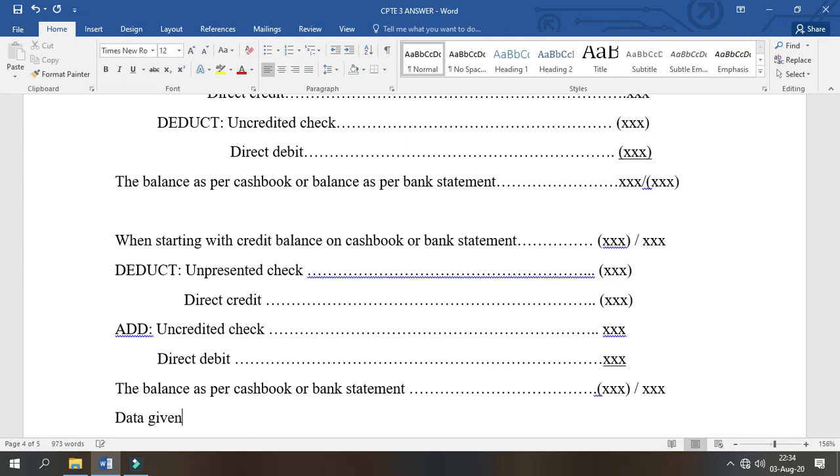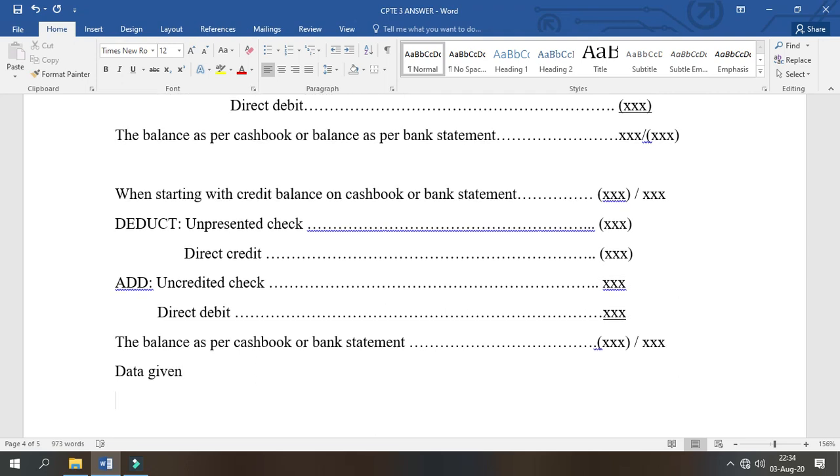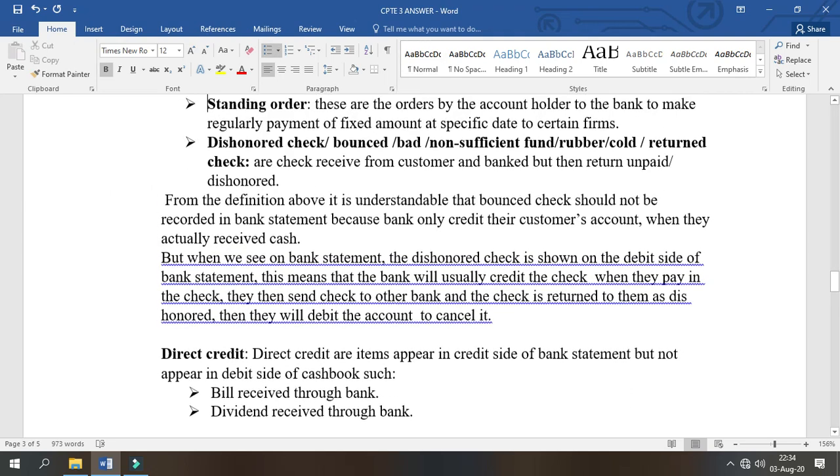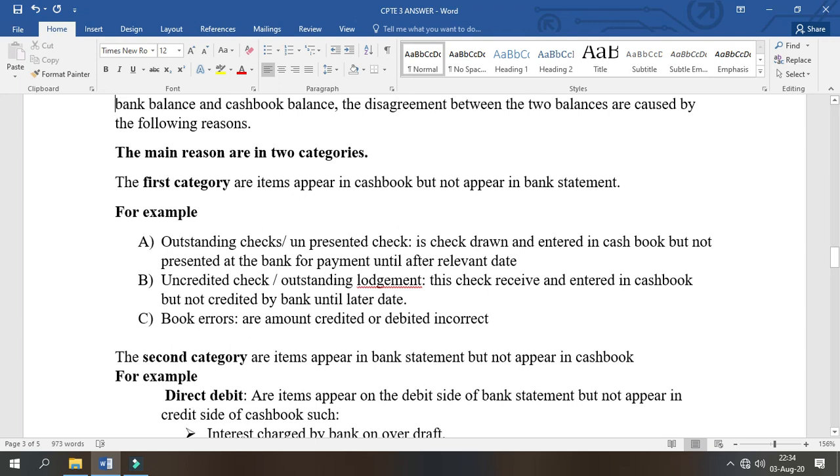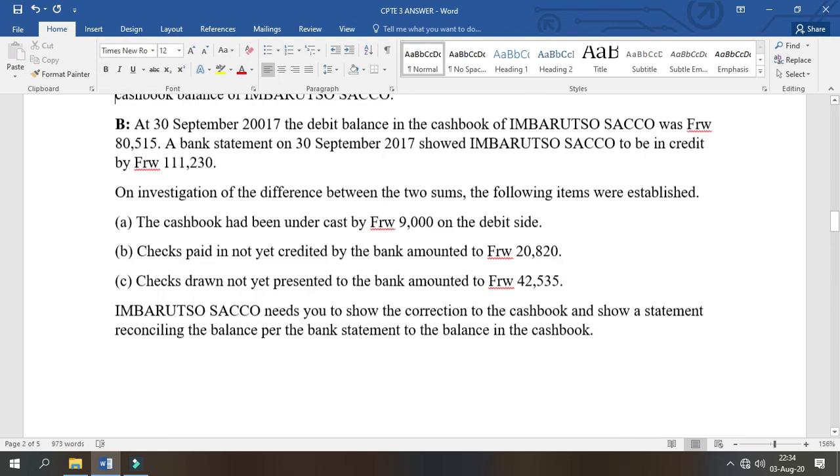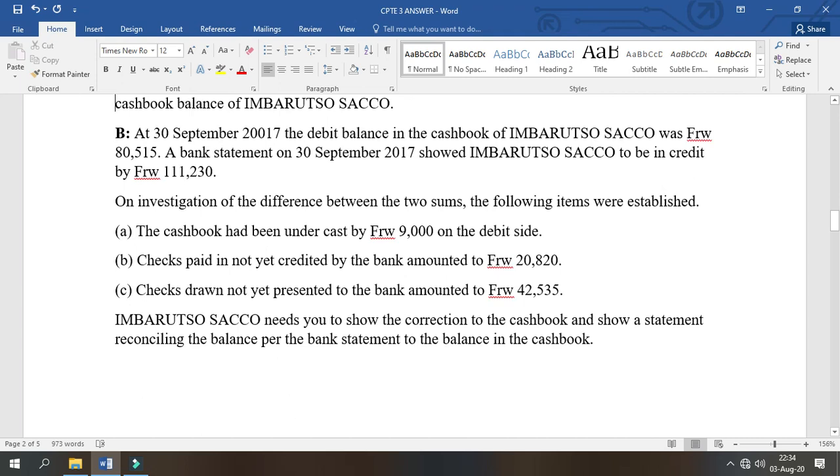In our question B, we have a debit balance in the cash book, which is $80,550, and a credit balance in the bank statement of 111,230.